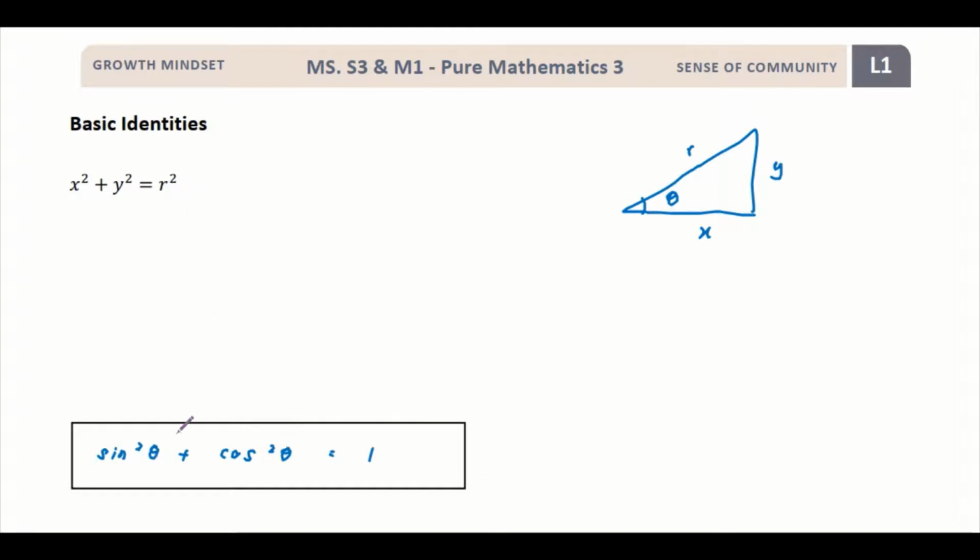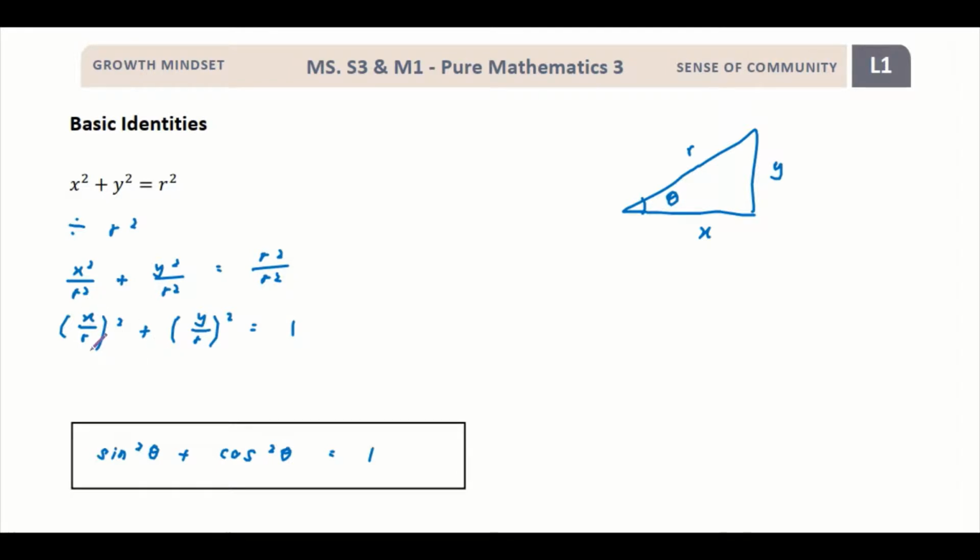So how does this formula come from? This formula comes from when we divide the whole thing by r square. So you will have x square over r square plus y square over r square equals to r square over r square. Then we have (x over r) square plus (y over r) square equals to 1, correct?